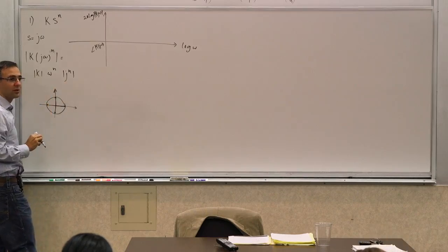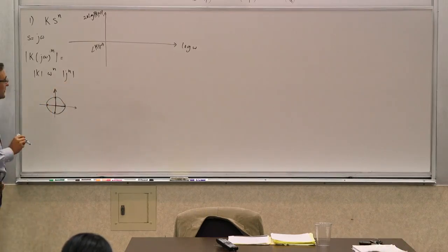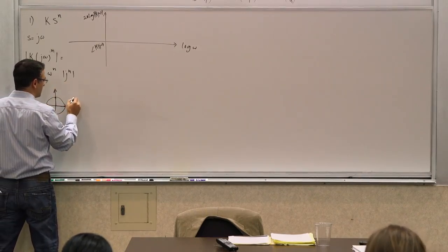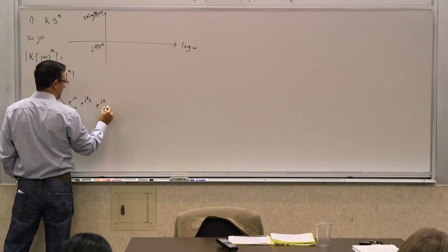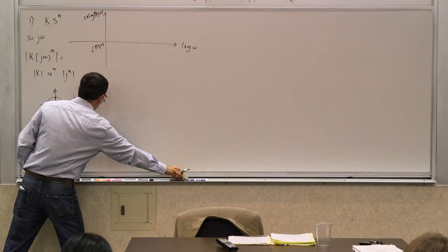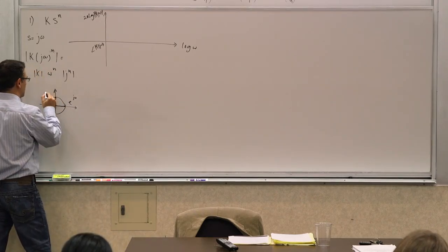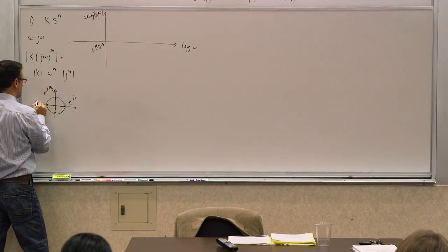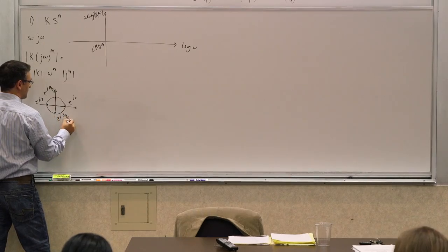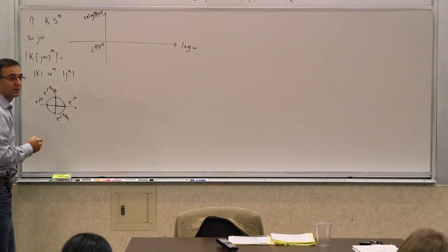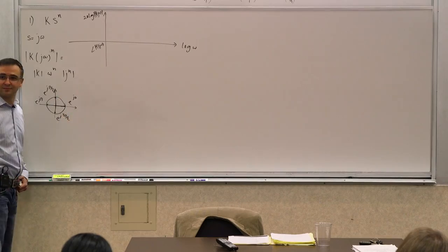You can think about them as e to the j0, e to the j pi over 2, e to the j pi, e to the j 3 pi over 2, and so on, and this is e to the j 2 pi.